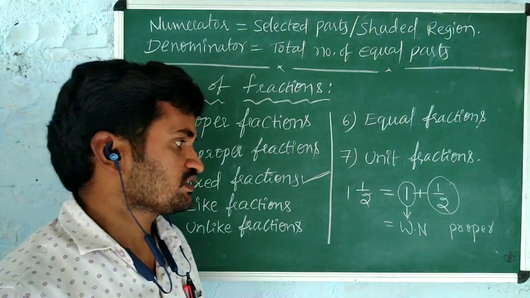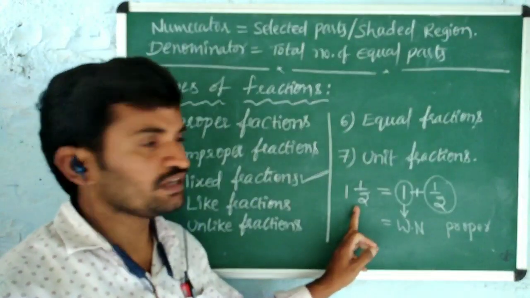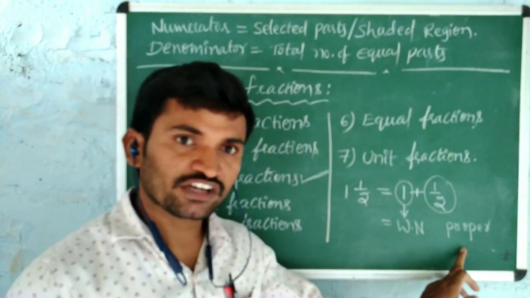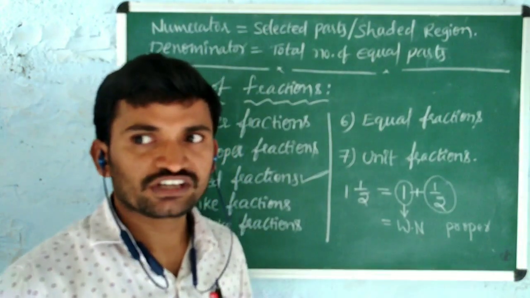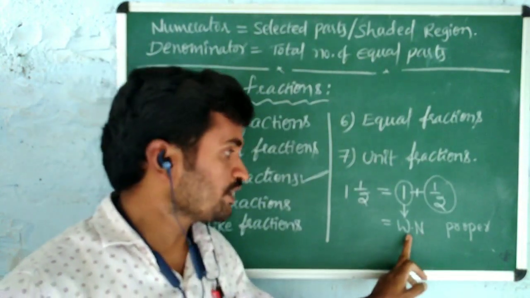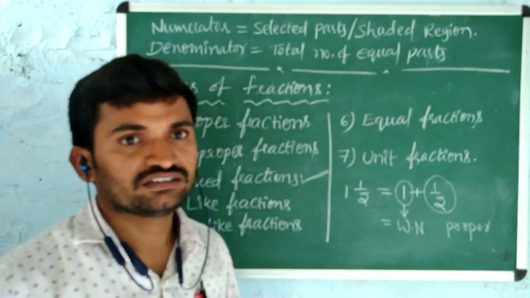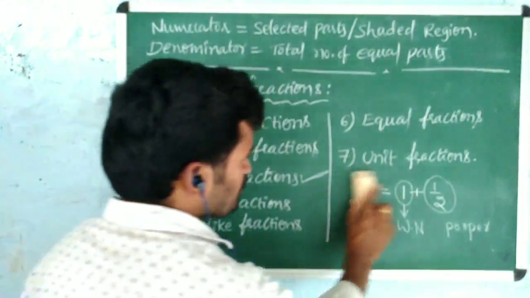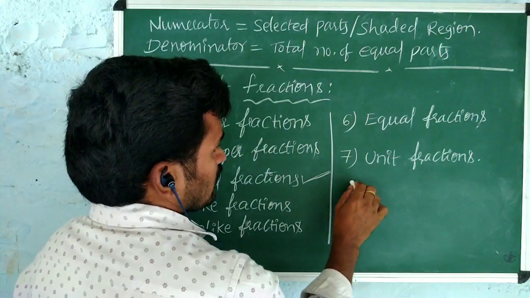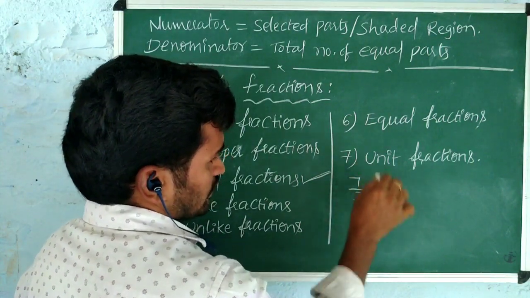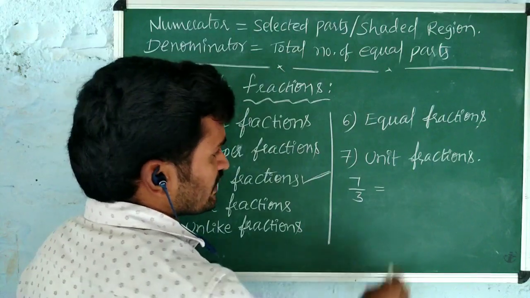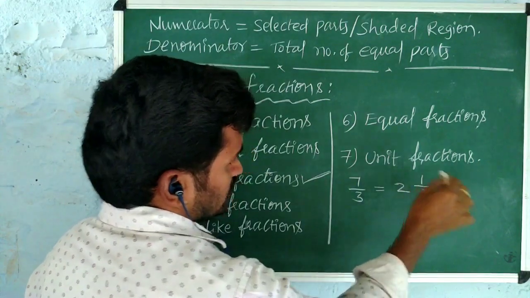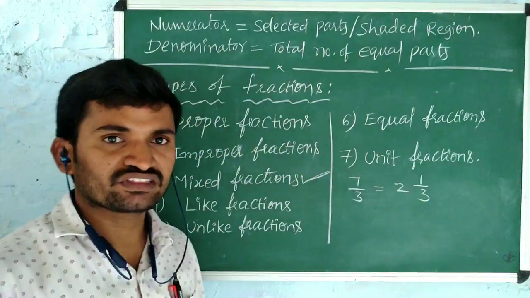So how can we define? See here, mixed fraction means the combination of a whole number and a proper fraction. That is the definition. For example, if you take one more number, 7 divided by 3. We can write it as 3 twos are 6, remainder is 1, divided by 3: 2 1 by 3.